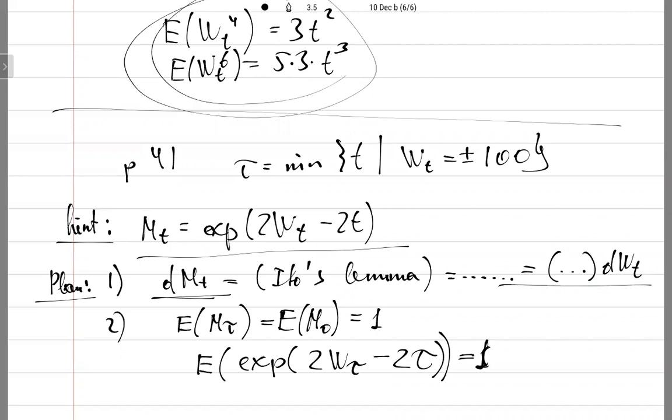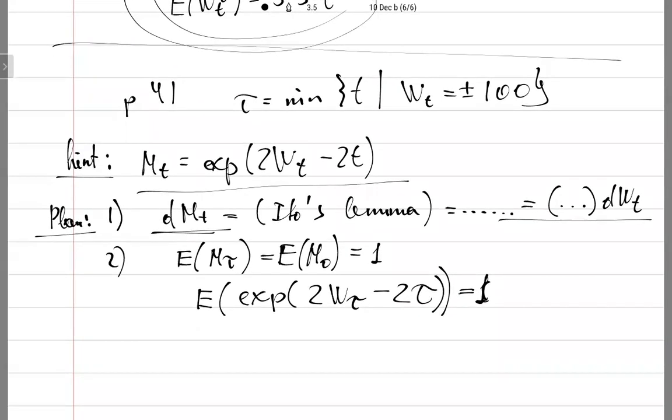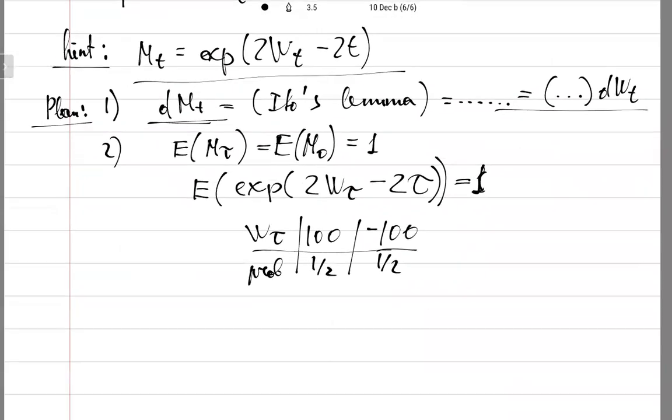Because of the symmetry of the Wiener process, you can just replace W by minus W. It's more or less clear that the probability that W_tau is 100 is the same as the probability of minus 100, and the probability is 1/2, just by the symmetry.